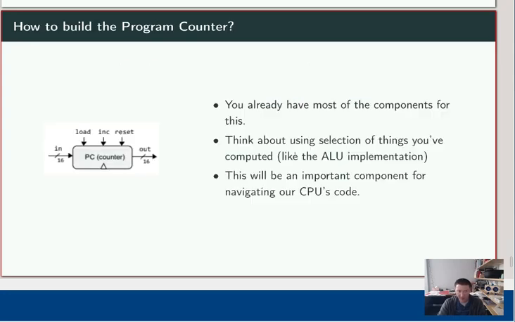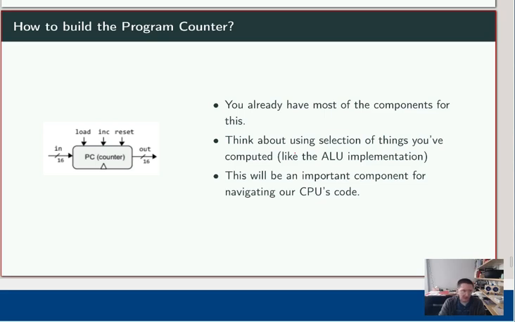You already have the components to build this, so don't overthink this too much. It's essentially a register with just a couple specialized functions. It has a 16-bit input, 16-bit output. It has load, because we may want to load a new value if it's a go-to statement. We have increment, which is going to be kind of the default, but that just means increment by 1, add 1 to the number so we can go to the next register.